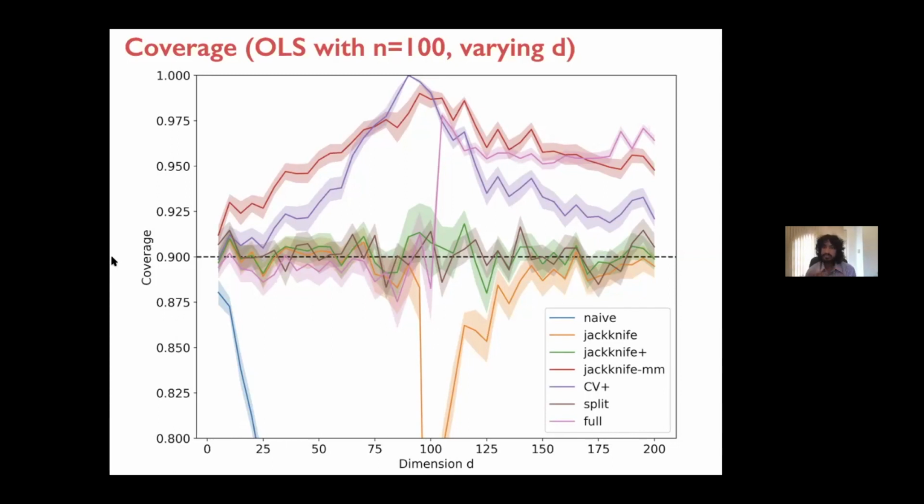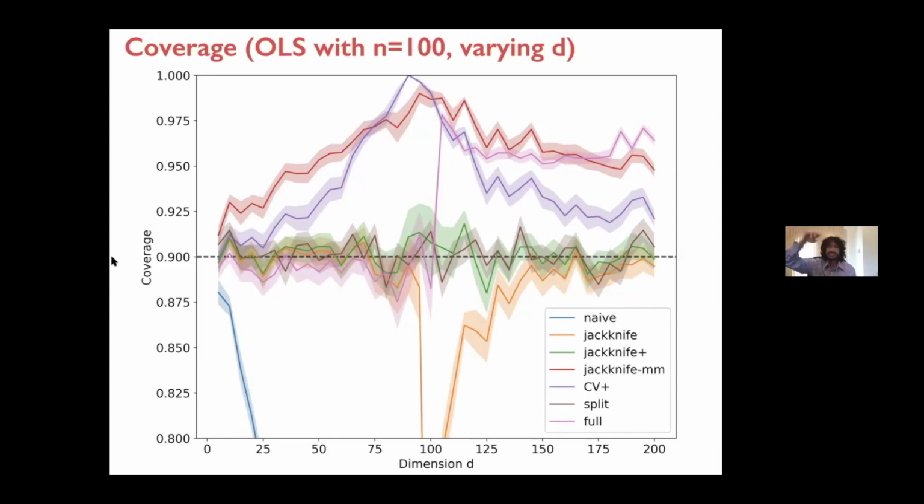In this example, full conformal prediction has the problem that the residuals end up becoming 0. If n is less than D, then ordinary least squares will perfectly fit the data, so all of the in-sample residuals will be 0. So it gets 90% coverage up to dimension 100, and then it spikes up and gives you larger coverage.